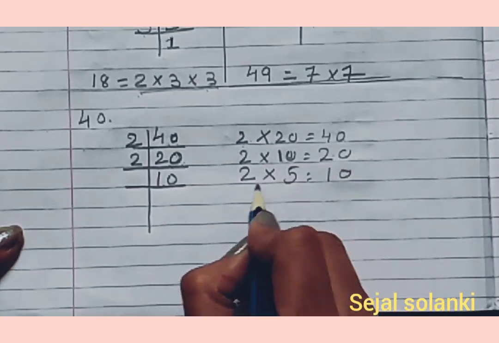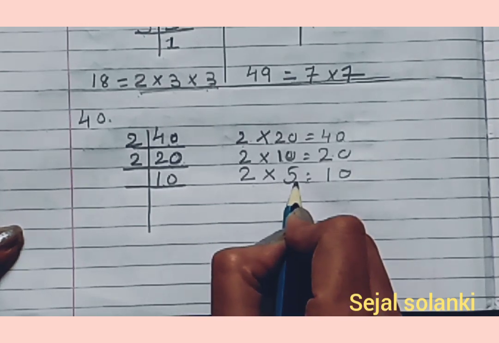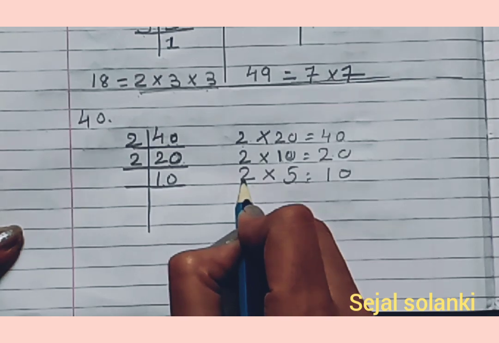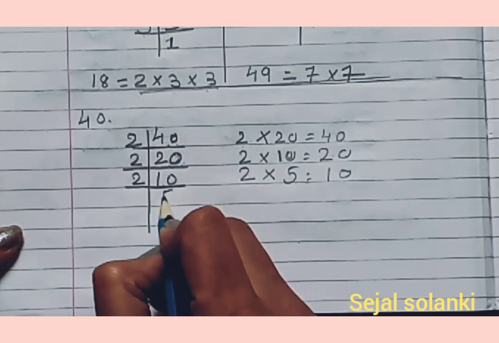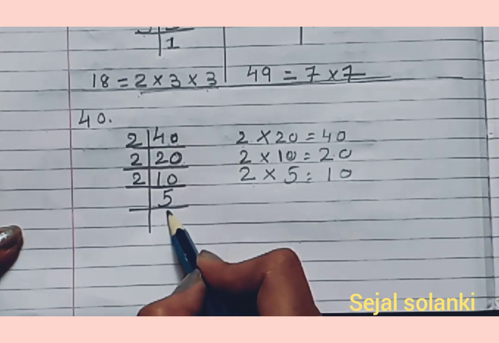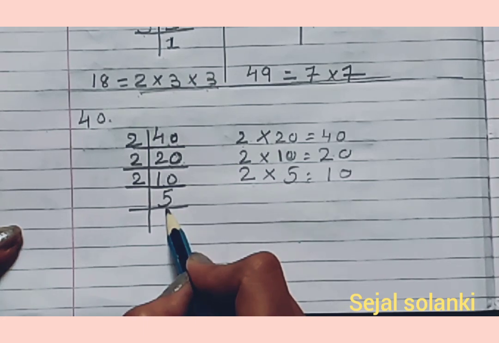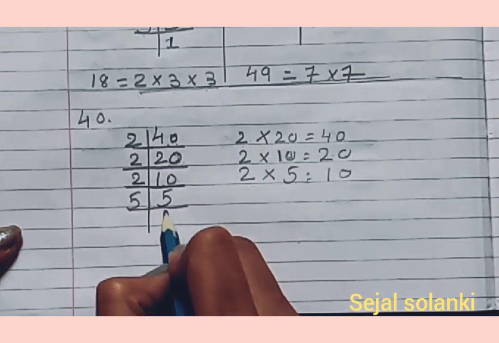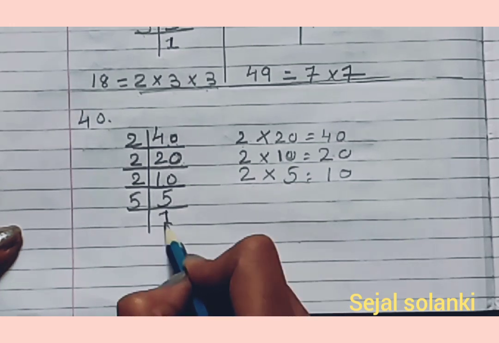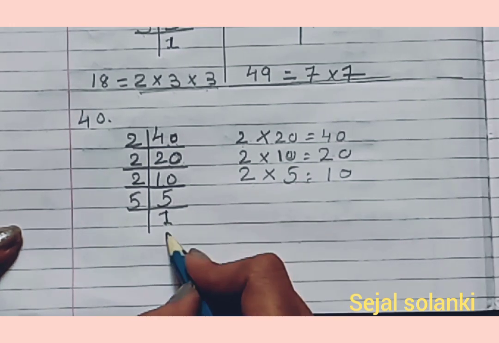Both are prime numbers, but we will go in ascending order. So we will write 2 first and 5 downside. 2 5s are 10. Now 5 is a prime number and 5 has only two factors, 5 and 1. 5 ones are 5. When we reach 1, we will stop.